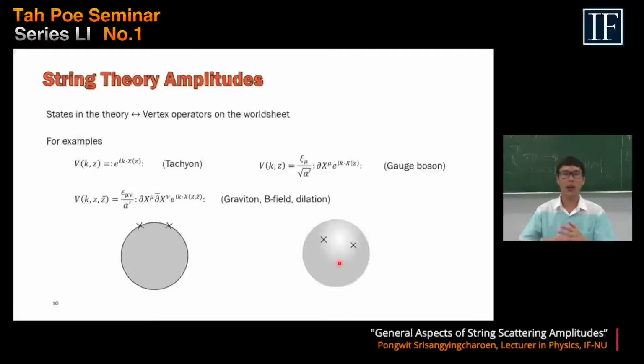And of course, you can interpolate between these two kinds of insertion. If you consider the scattering between closed and open strings, you need to insert the closed string inside of the worldsheet, and the open string on the boundary. Okay.